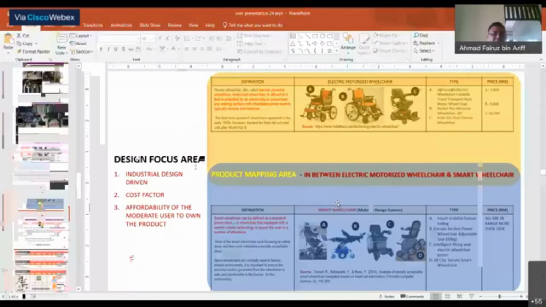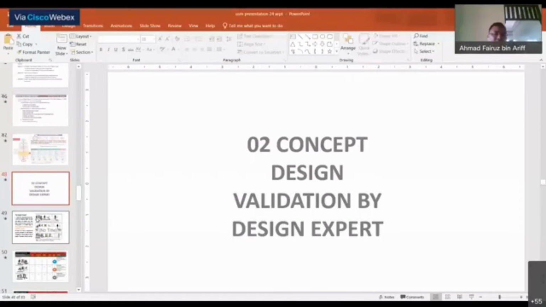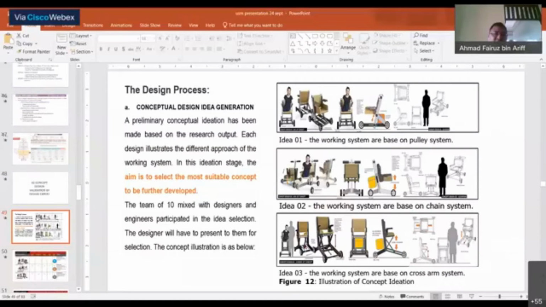Next, concept design validation by design experts. In the design process, after evaluating the market and digesting the study of existing wheelchairs, the designers have to sit down at the board and produce the concept design.